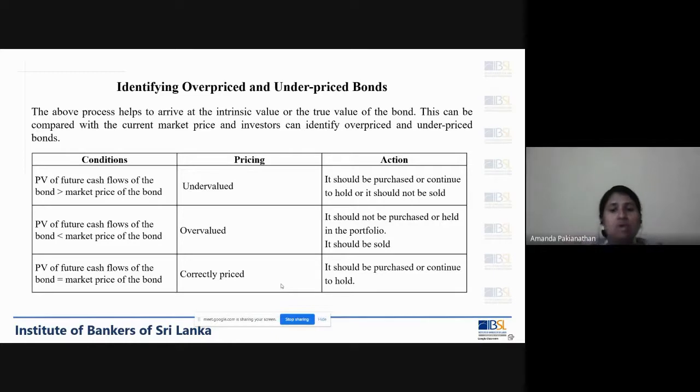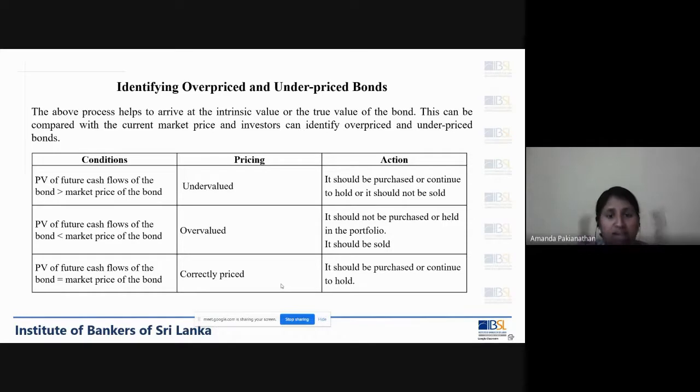So if you identify such a bond, what is the recommendation? If you don't have that bond in your portfolio, yes, go ahead and buy it. If you already have that bond in your portfolio, should you sell now? No. Why? The price is low. It's undervalued in the market.